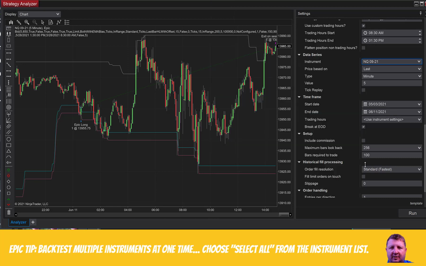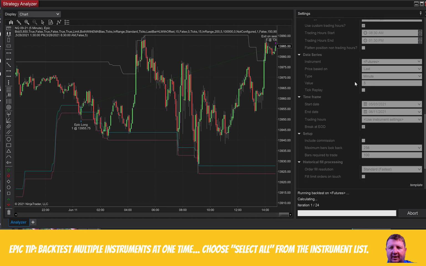So now, as you run this, you're not just running it against one setup, you're running it against all 24 futures. I don't know what this is going to spit out because we used some pretty specific settings and were just playing around with it. But the point is, this works out great down the road.